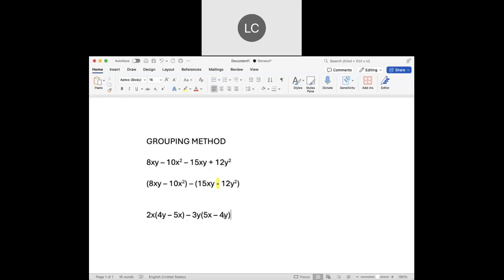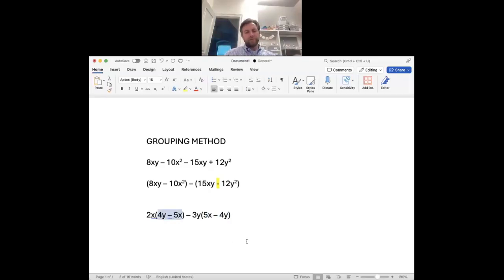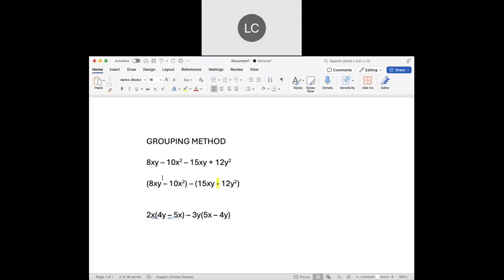Okay, I see what it is. These don't look the same, do they? They have the same numbers and the same variables, just not in the same place, which technically messes it up. Let me do this instead.